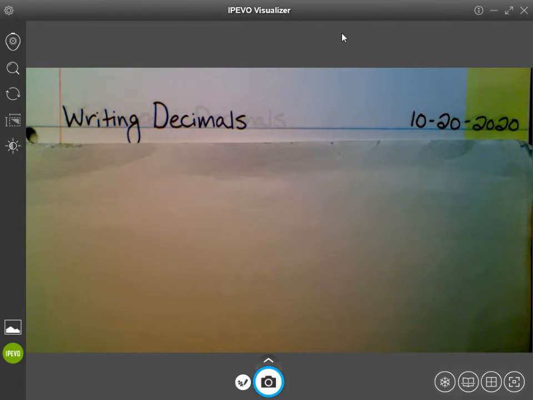So I know we've been reviewing the different forms of writing numbers, including decimals. Today we are practicing just writing decimal numbers. So that could be a number that has digits to the left of the decimal point, but every number will have digits to the right of the decimal point. So the tenths, hundredths, and thousandths places.